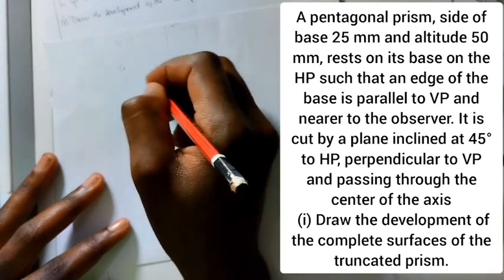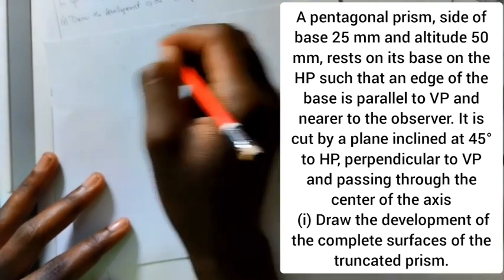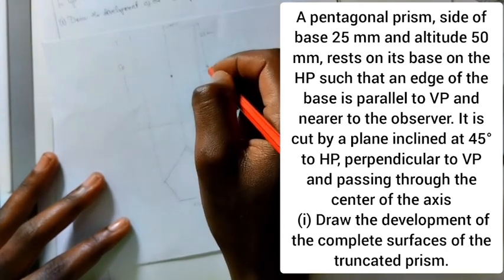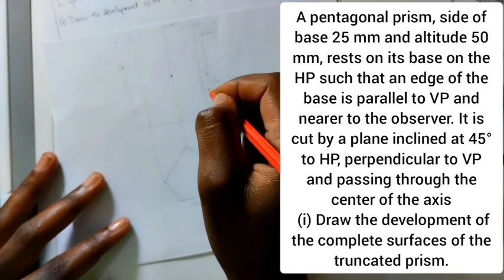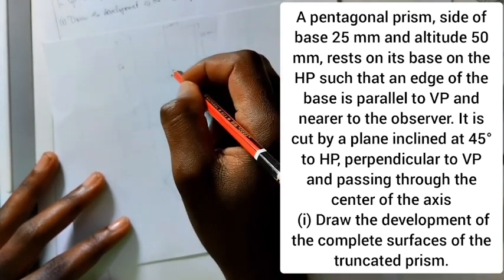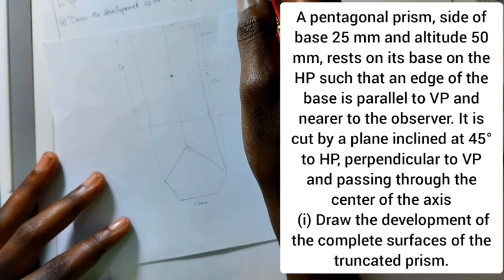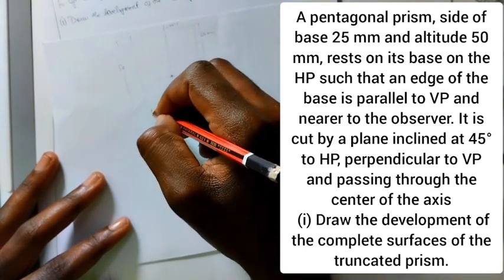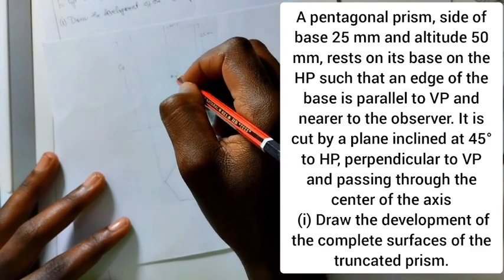is here. Let's divide this in half, 25 millimeter from this, so this will be your center, and we are going to measure 45 to the horizontal plane.